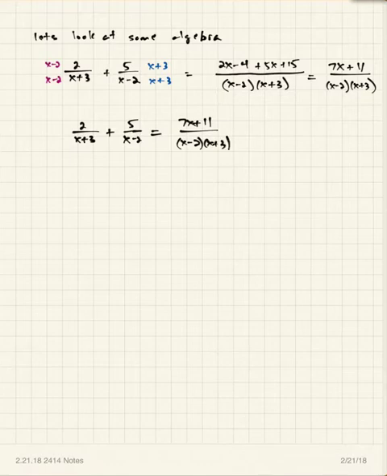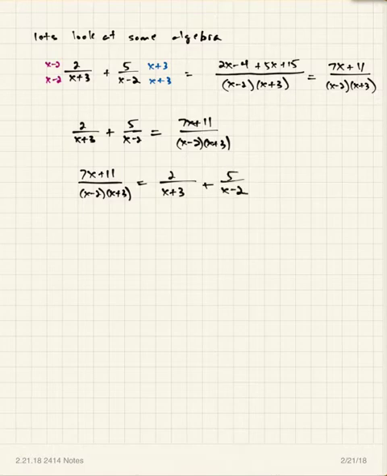But it also says the reverse, and you don't usually think of it that way: if you started with 7x plus 11 over x minus 2 times x plus 3, that fraction could be split up into two fractions as 2 over x plus 3 plus 5 over x minus 2. And that is going to be important to us as calculus students for evaluating integrals.